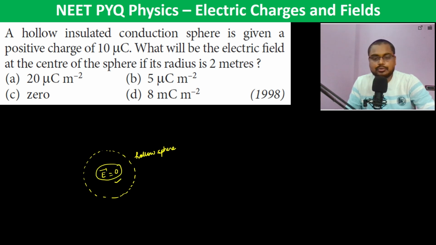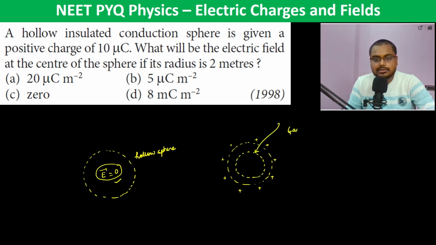We can prove this also. This is a hollow sphere, now having uniformly distributed charge throughout. Now take a Gaussian surface like this. For this Gaussian surface we calculate phi.